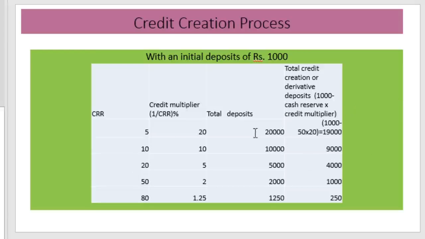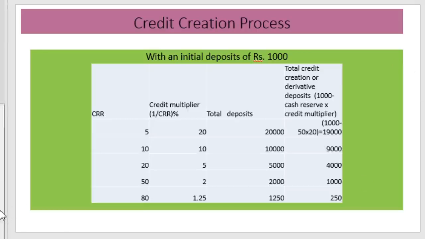This much of the loans can be given. The amount will be higher as the CRR is lower. If CRR increases, the amount of credit creation and total deposit will decrease. That means of the amount, the bank needs to keep some with them, and the rest only they can provide as loan. Therefore, the amount will be lower.